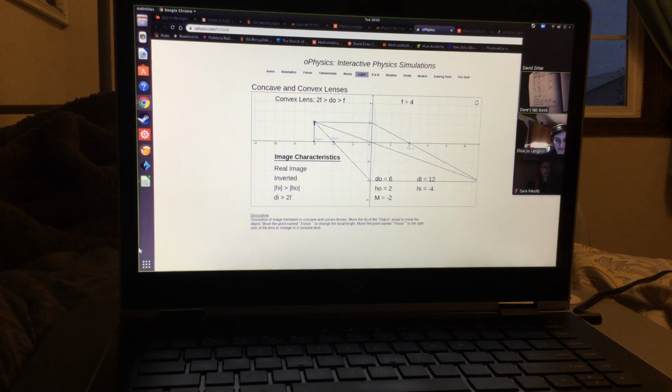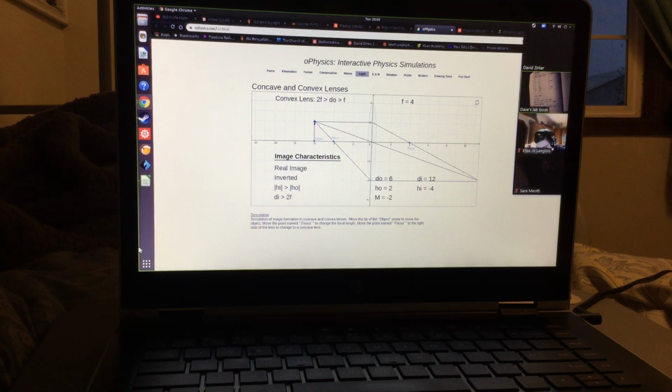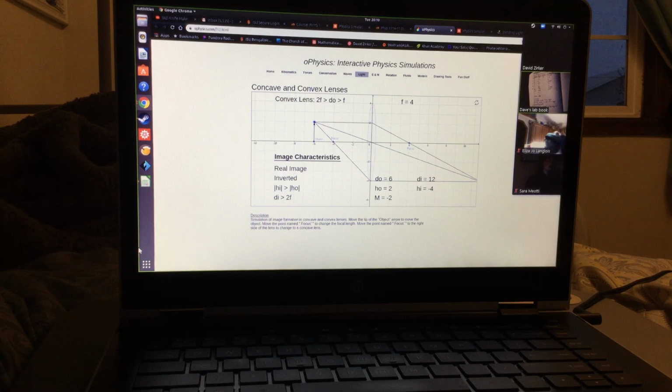On equation 3, there are 2 ways to calculate it. So is it okay if we just write down the magnification instead of writing down the individual height of the object, height of the image? You know what I mean? All those individuals, because those are part of the magnification equation. That's fine with me. I don't mind.